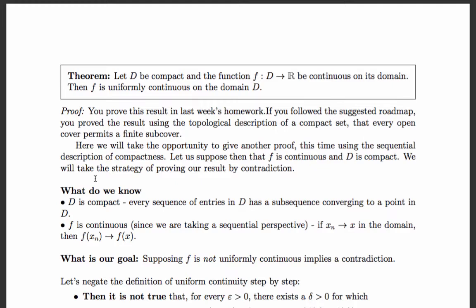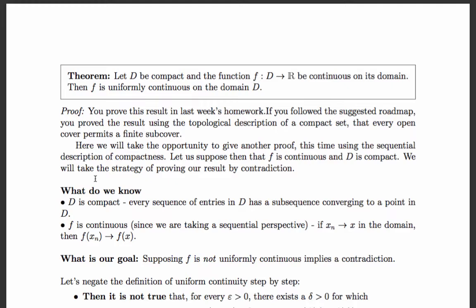Our goal is to arrive at something that's absurd. So if we're going to prove something by contradiction, we're going to suppose that the hypothesis is true, but the result is not true, that f is not uniformly continuous. In other words, the negation of the uniform continuity definition is true.